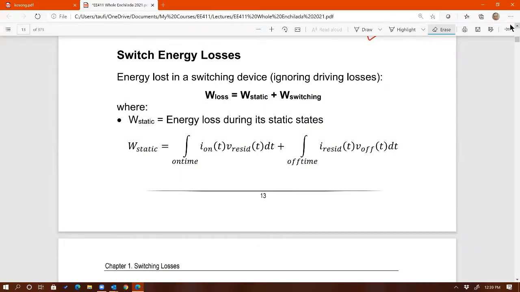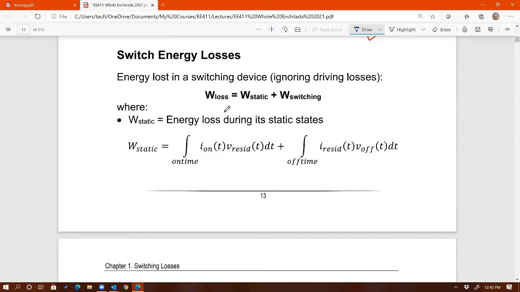Next, switching energy losses. Let's look into the equations of switching loss so that you understand the problem with PWM. So this is strictly switching energy loss in PWM. Sorry, let me take it back. This equation applies for any switching method, but the equation that I'm deriving is strictly for PWM.